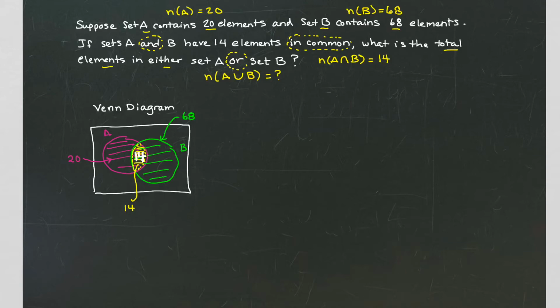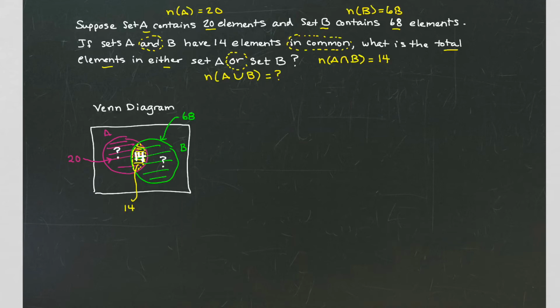We also have elements that lie over here in just the green part, and elements that lie over here in just the pink part. So if we have 14 in the middle, we need to figure out how many are left over in the pink and how many are left over in the green before we can add them together to get the total in the union. So how do we go about getting the elements that are just in the pink portion?